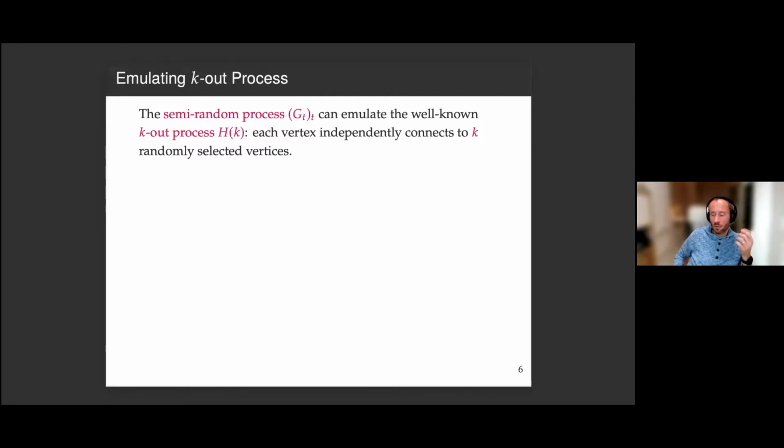There could be, of course, a few different versions of that process. One of them could be a multigraph, where you just select k vertices one by one and don't worry about potential multiple edges. There are some versions where you pick k vertices uniformly at random from all the sets of size k.